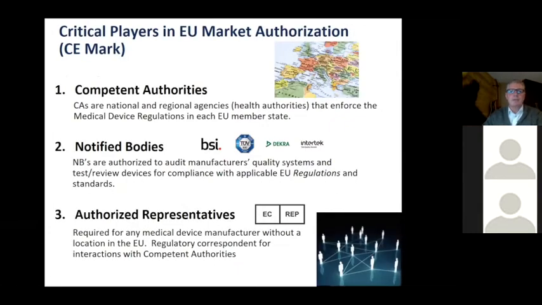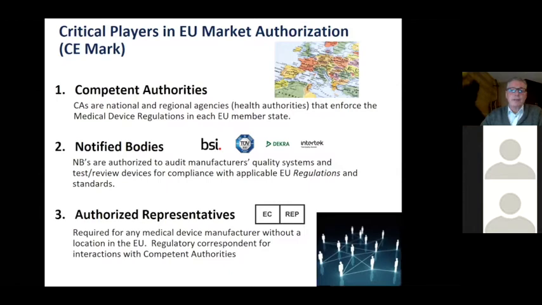But let's talk about who the critical players are in the European market, because this is where it may get a little bit confusing. I mentioned who the competent authorities are. Those are the regulatory authorities that enforce the medical device regulations within each EU member state or country.